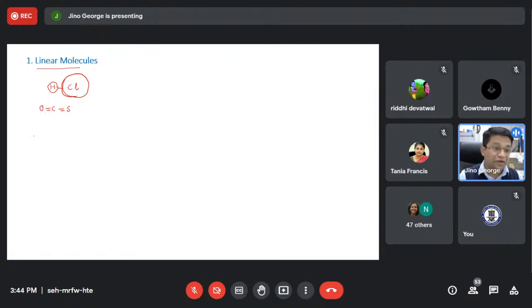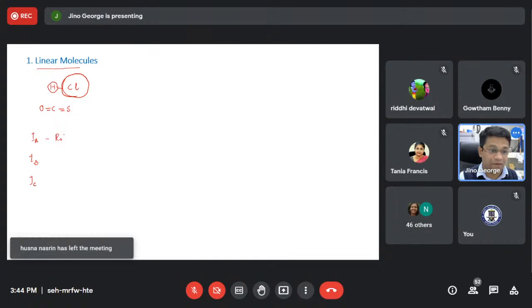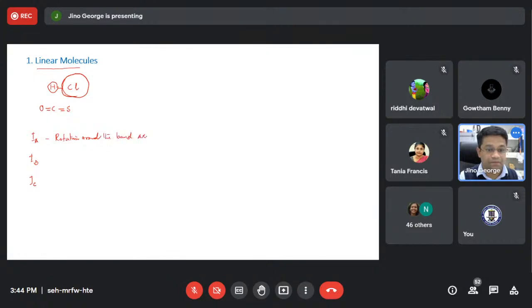So I was telling you there are IA, IB, and IC available to the system, right? Where IA is the rotation around the bond axis. So I will rotate with respect to this axis, the rotation around the bond axis.